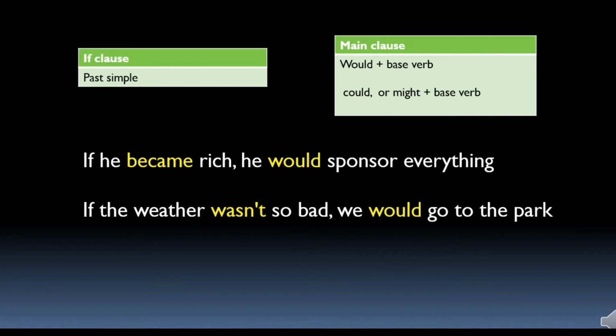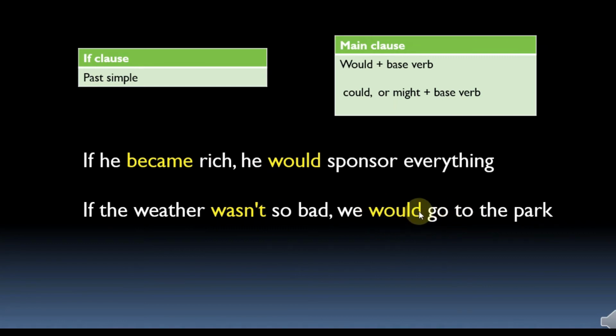Here you can see in the first sentence, became uses the past simple, and the main clause uses would plus base verb. In the second sentence, wasn't is past simple, and would go to the park is would plus base verb.